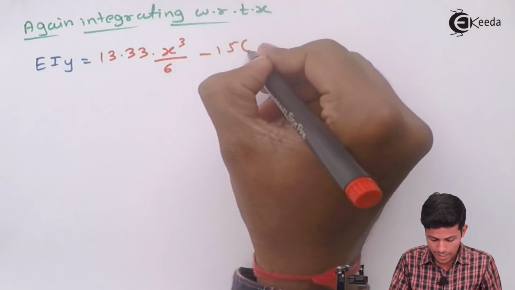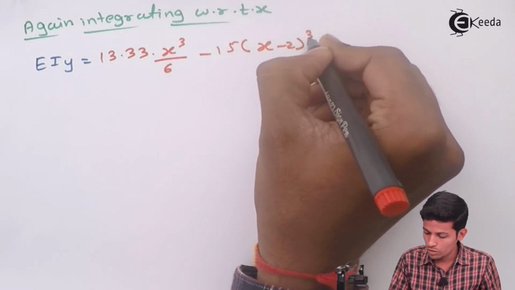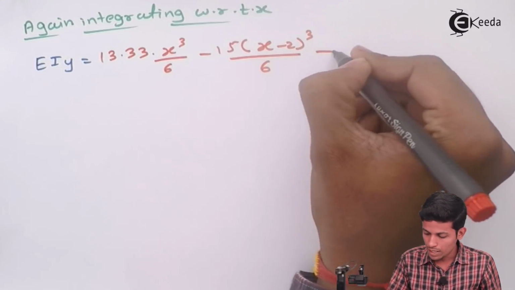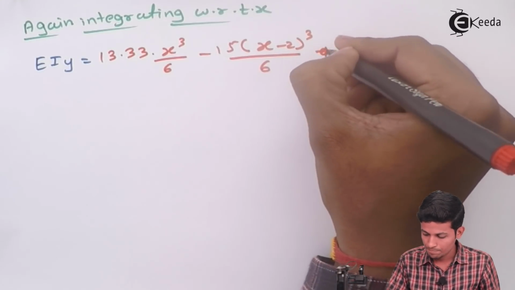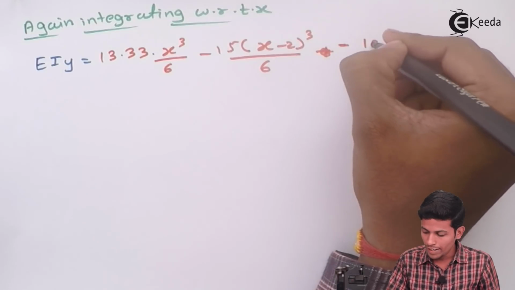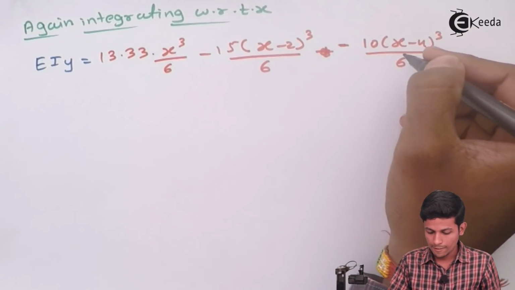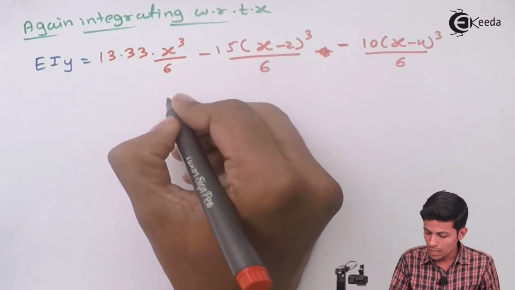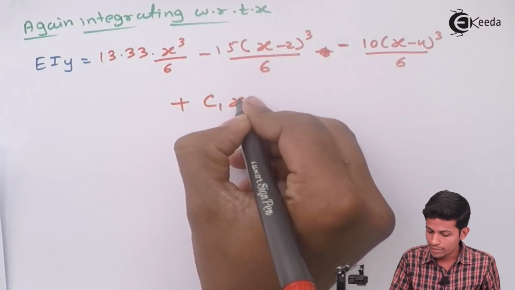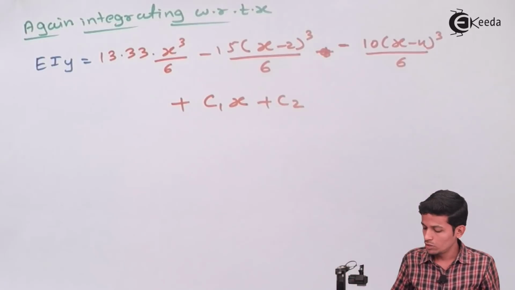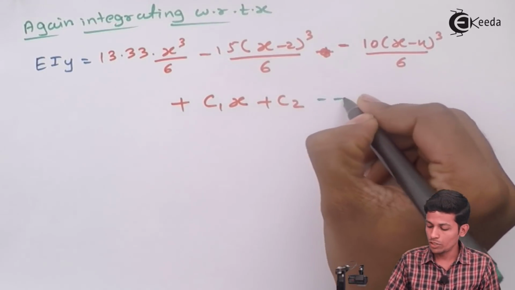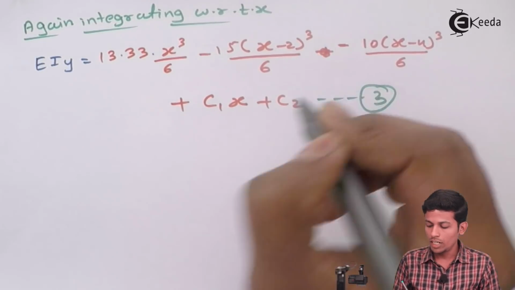Then minus 15 into x minus 2 raised to 3 upon 6, minus 10 into x minus 4 raised to 3 upon 6, plus C1x plus C2. Equation number 3.